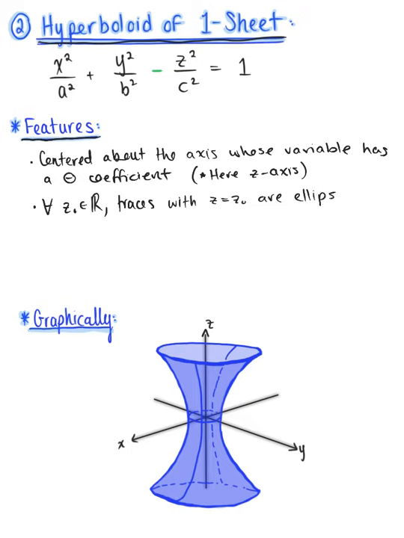And this is going to include the xy trace. Additionally, for all real numbers x0, y0, traces with x equal to x0 and y equal to y0 are hyperbolas.